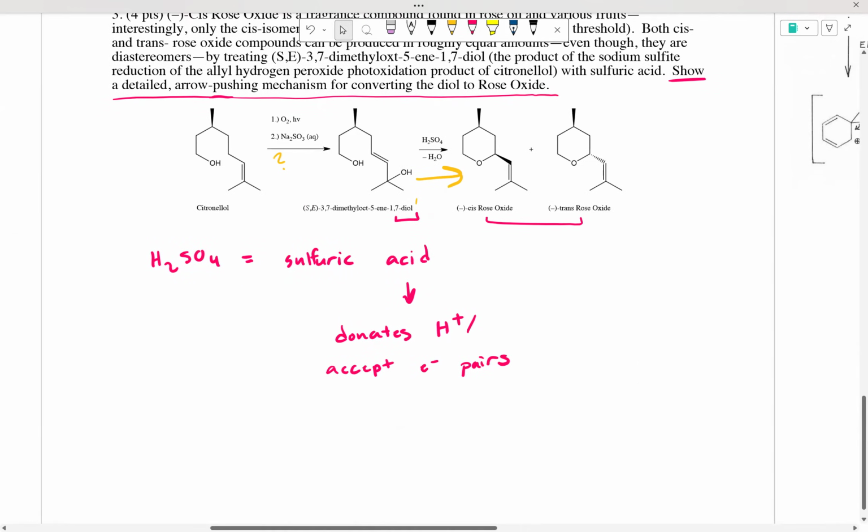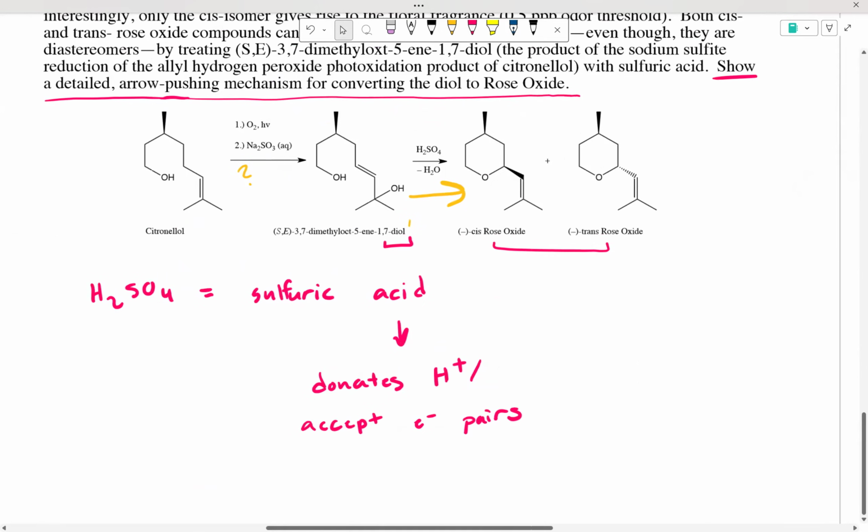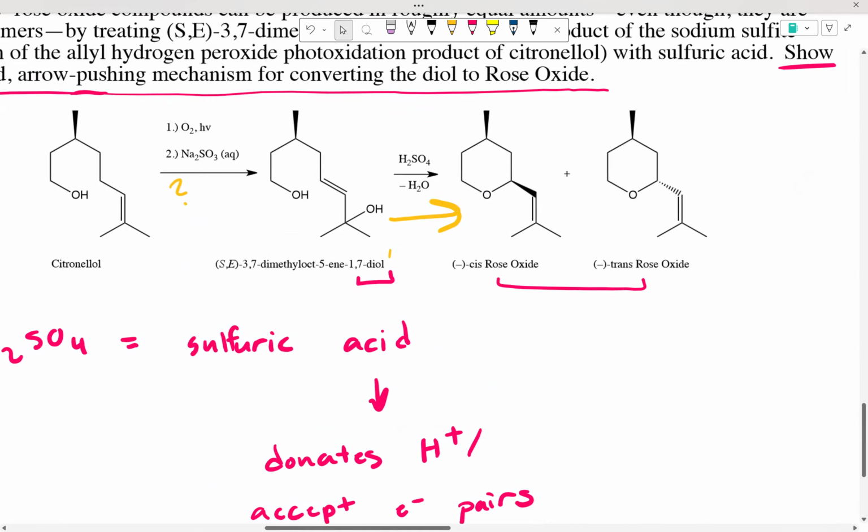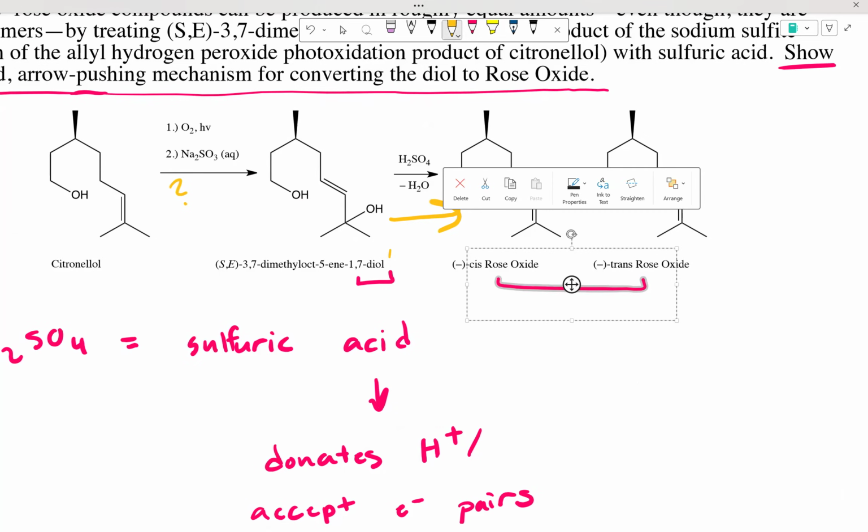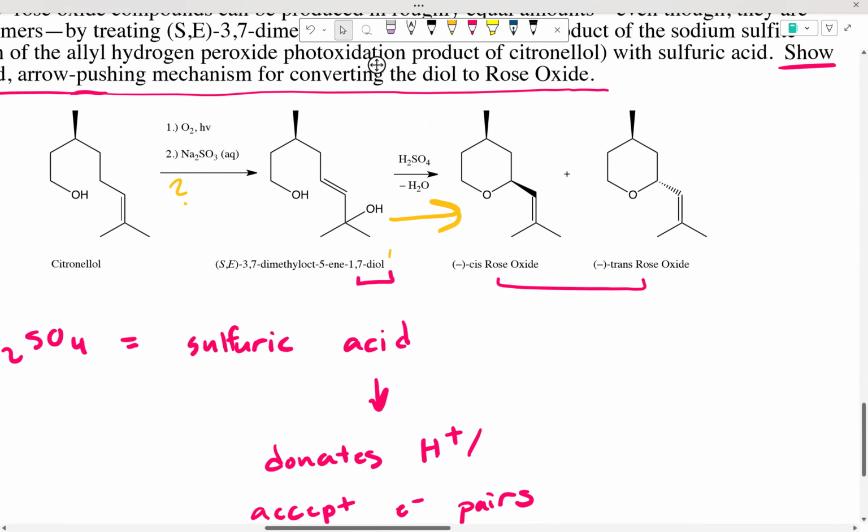This is going to be helpful for us because we can look at what the differences are between this molecule and this molecule, the reactant and the product.